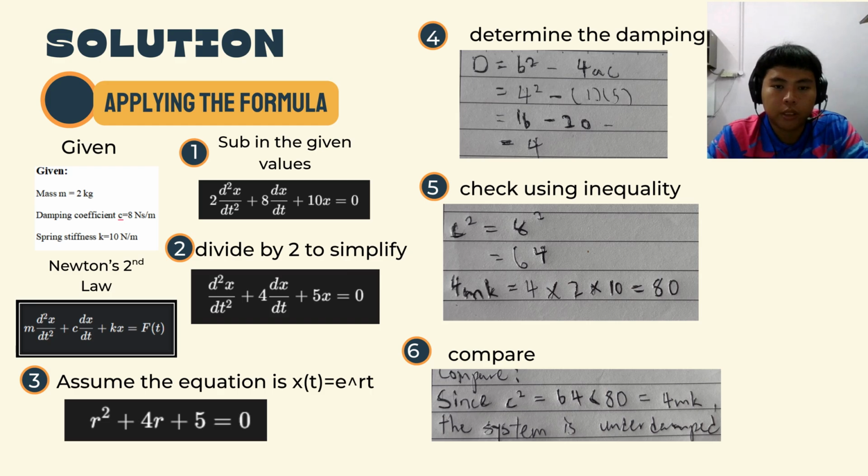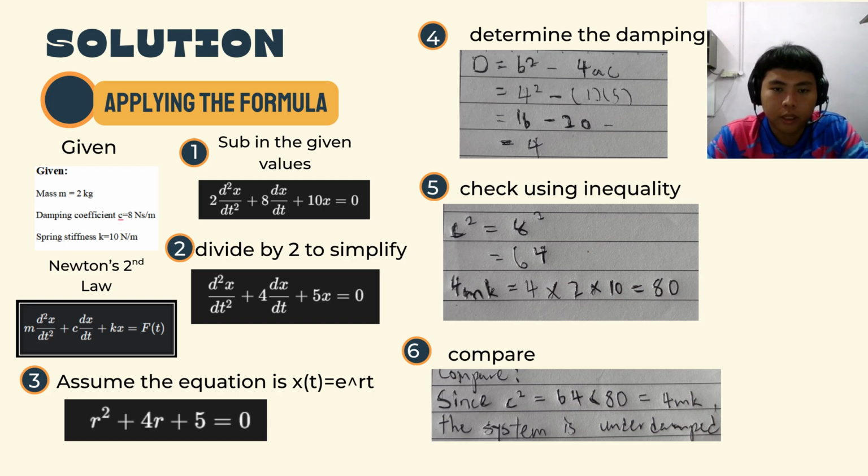And then we check it again using inequality, which is c² = 8², so the answer would be 64. And then we rewrite using this formula, 4mk = 4 times 2 times 10, which equals 80. So 80 would be our critical damping number.